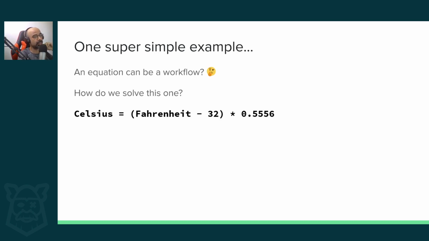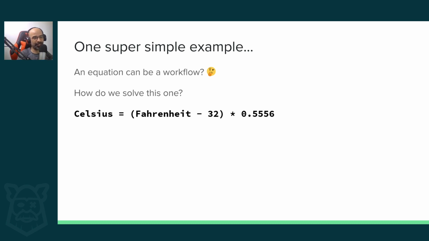So let's try to simplify our workflow using this equation. Because an equation is a flow, right? To solve this problem, for instance, we have to subtract a value from one, and then we have to multiply by others. So it is a step by step flow.